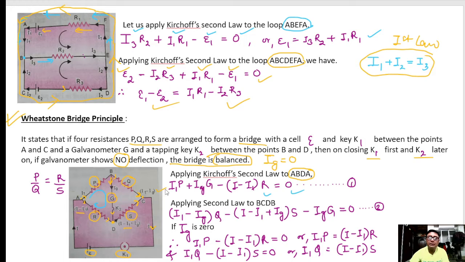Now we are applying the law in the loop BCDB. This is the way we will move in the circuit.